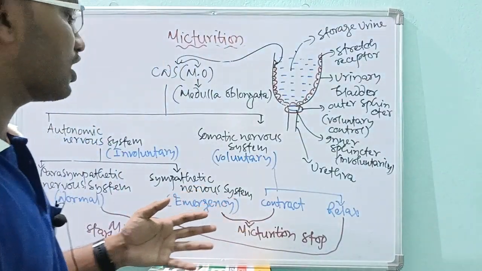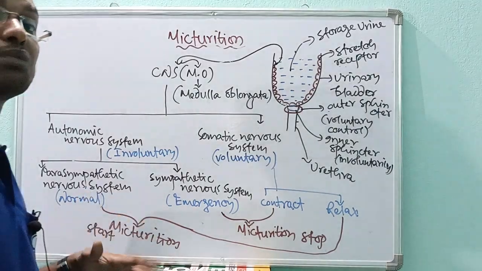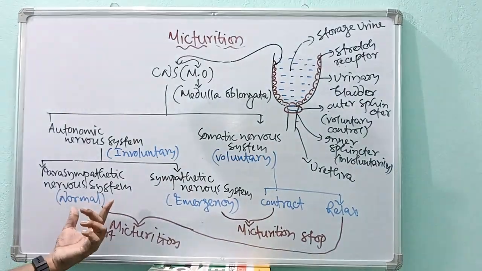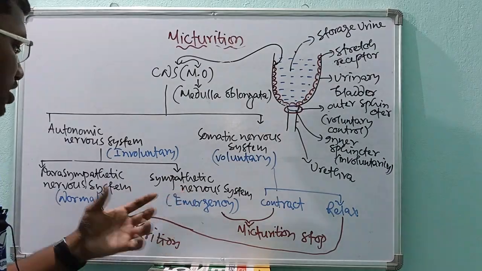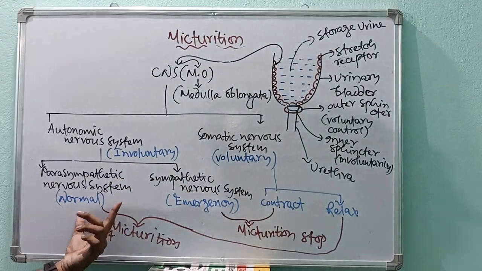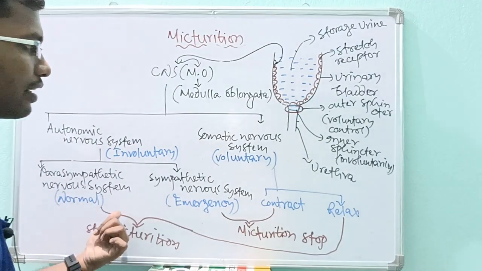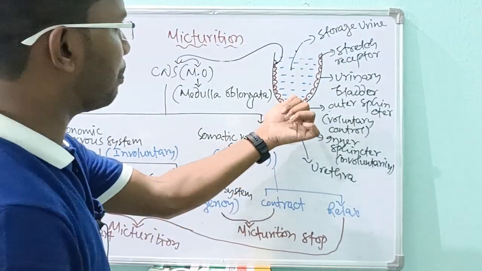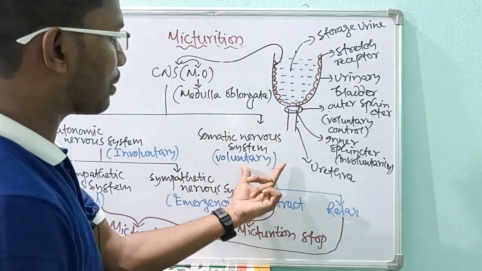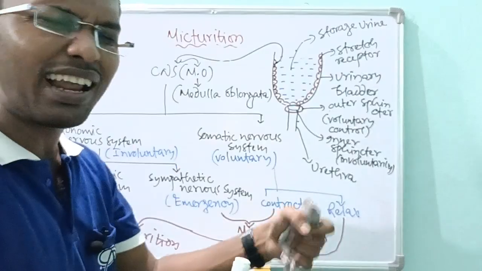When the situation is normal, the parasympathetic nervous system is involved. It is ready during the normal situation, but it does not work under the emergency situation. As the normal situation occurs, the parasympathetic nervous system is activated, and the somatic nervous system, which controls the outer sphincter, should be relaxed.